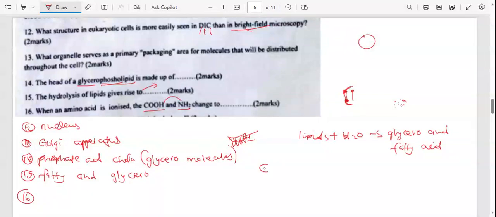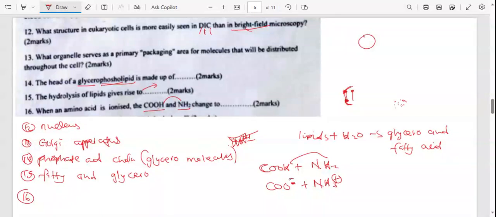The reaction happens like this, then plus NH3. This hydrogen will go there, and the carboxyl group will remain with a negative charge because it has given away a hydrogen. But this one, which has just received the hydrogen, will be positive.